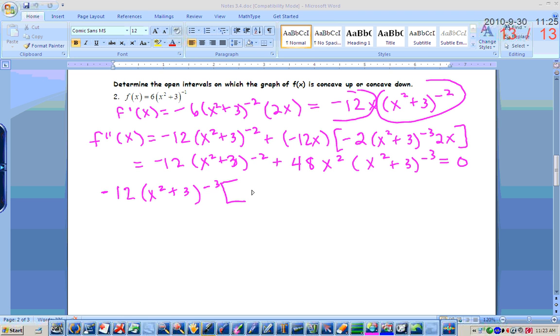So the negative 12 is gone from the first term. If I factor out an x squared plus 3 to the negative 3, what am I left with? That's x squared plus 3 to the first, or just x squared plus 3. Minus, thank you, because I factored out a negative 12, 4x squared.